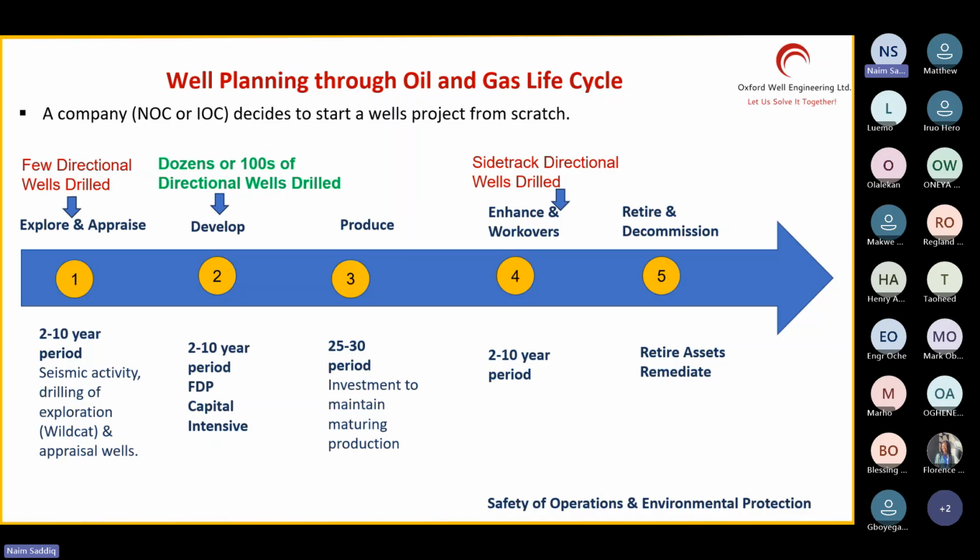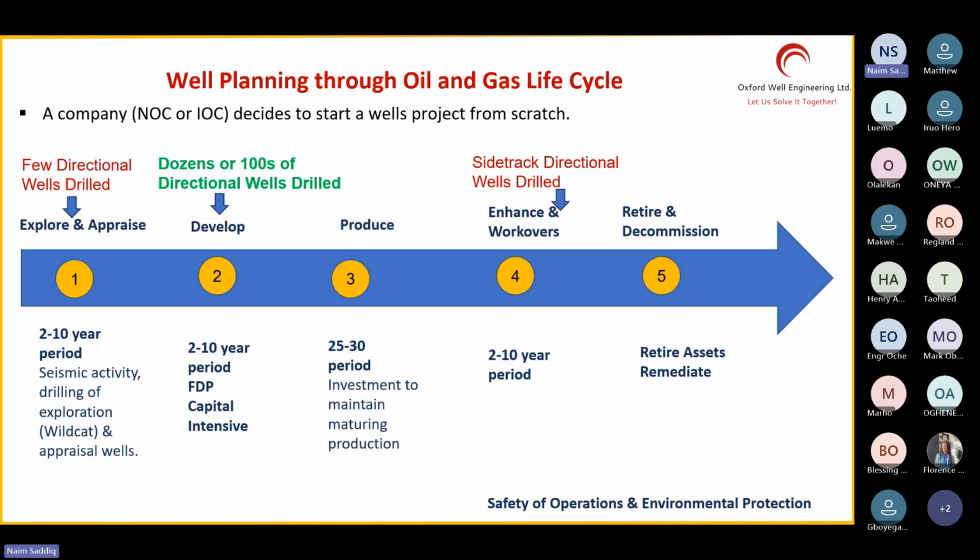So the first phase will be finding the oil, looking for the oil. The well shape reflects it completely. As a well planner, you will see those wells, sometimes simple vertical, sometimes open hole sidetracked. They're turning to the left, turning to the right, trying to look for something. So they are not the proper production wells. Most of them are just looking for oil, and then they will drill proper wells.